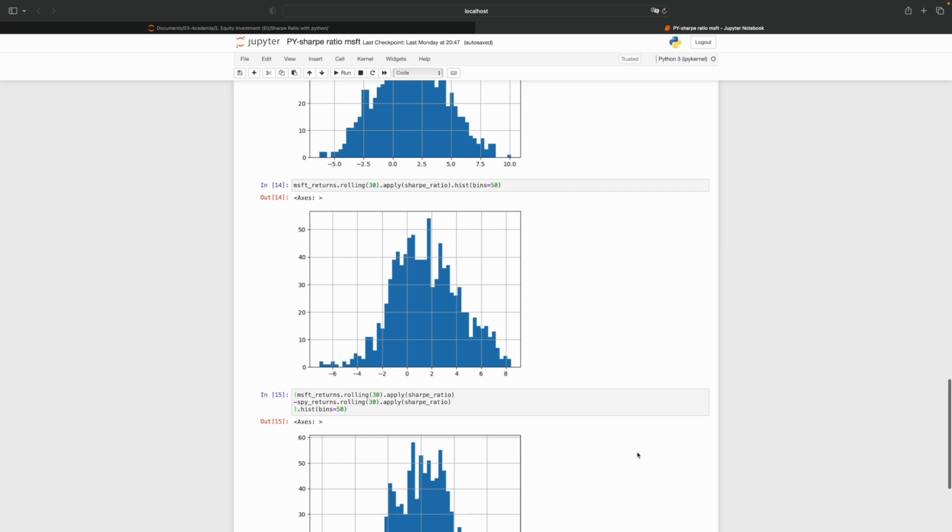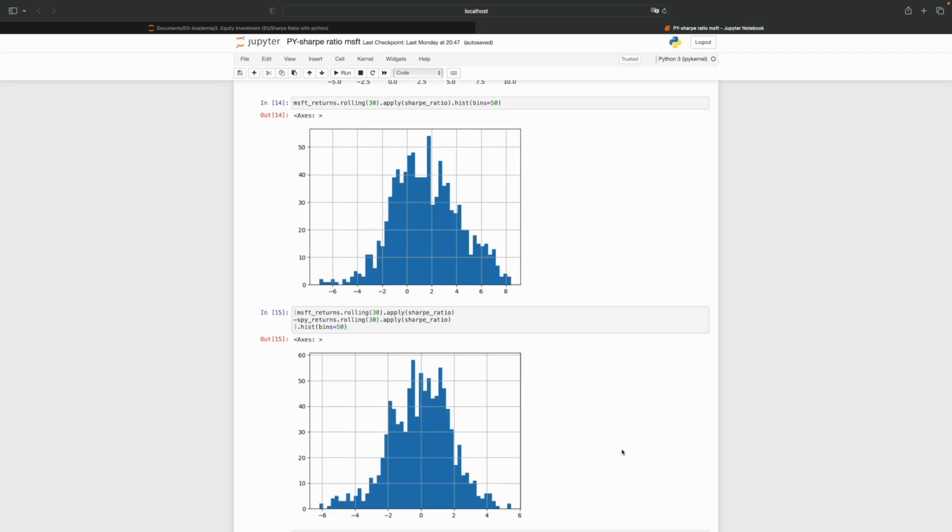Lastly, let's make a comparison between the SP500 and Microsoft by plotting their Sharpe ratio in a histogram. This histogram will illustrate the difference between the Sharpe ratio of Microsoft and SP500.